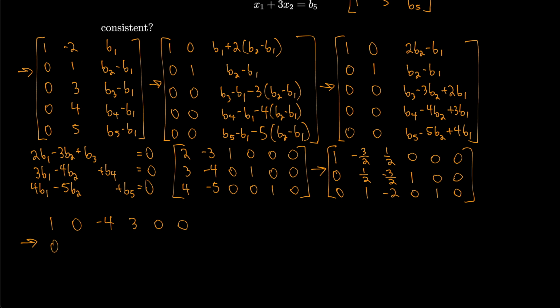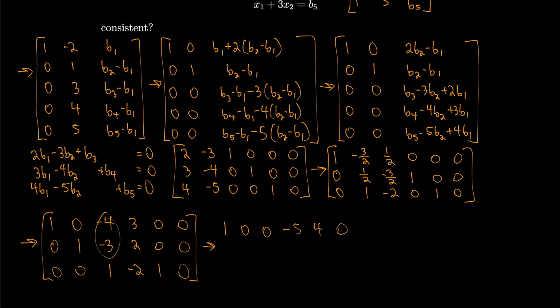So I'll get 0, 1, minus 3, 2, 0, 0, 0, 0, 1, minus 2, 1, 0. Then 2 times this, cancel, okay, good. So then I have 1, 0, 0, minus 5, 4, 0, because I want to get these guys 0. I'll get 0, 1, 0, minus 4, 3, 0, and we are done.